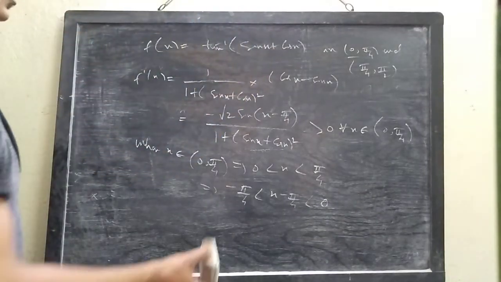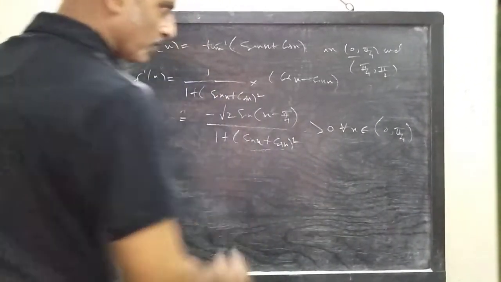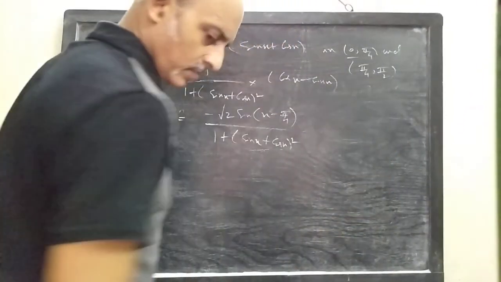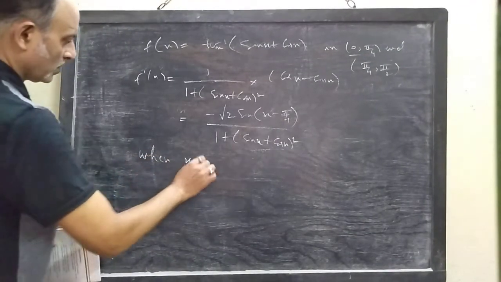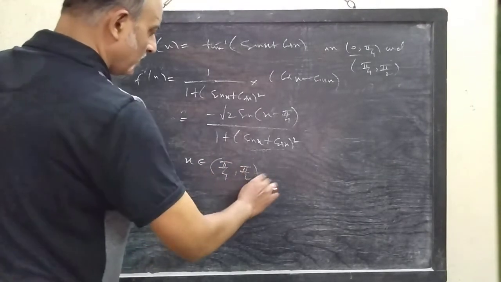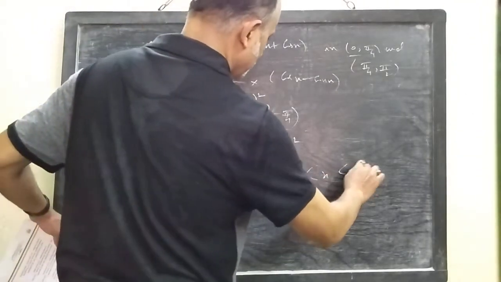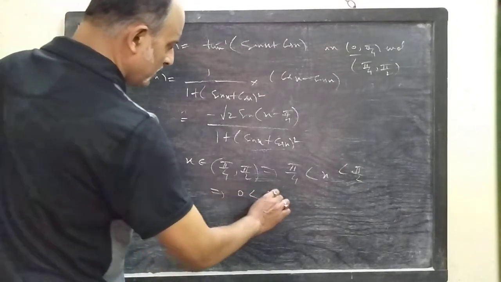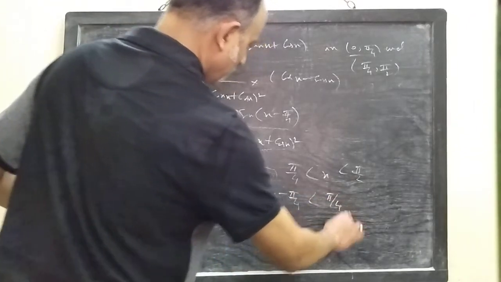And then in the next part, that is pi by 4 to pi by 2, when x belongs to pi by 4 to pi by 2, that means x is more than pi by 4, less than pi by 2. x - pi by 4 will lie between 0 to pi by 4.